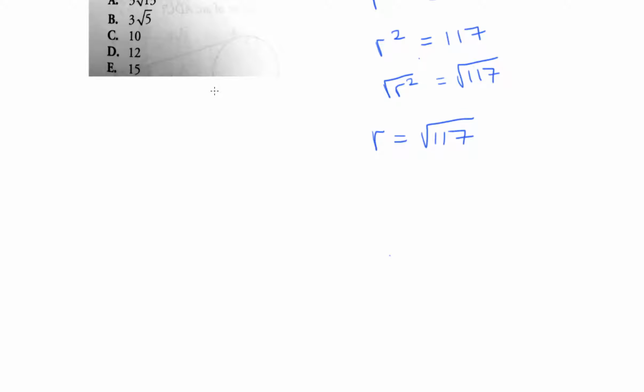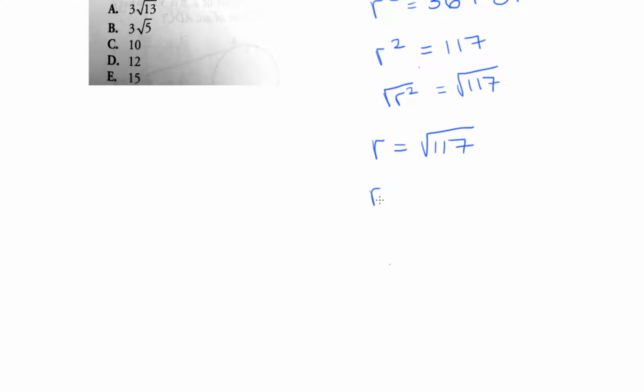Okay. Now notice that that's not one of my answers because it's not simplified. But if we divide 117, let's say, by 9, then we get 13. So r equals the square root of 9 times 13. And by using the properties of radicals, the radical of a multiplication is the multiplication of radicals, so times the square root of 13.